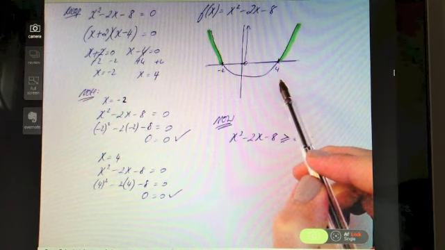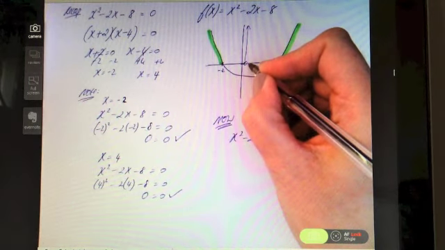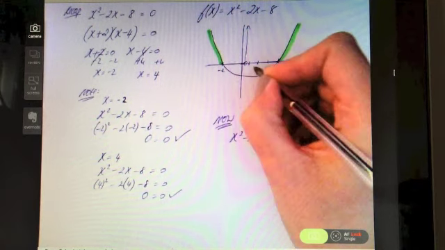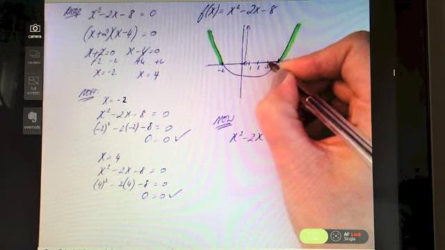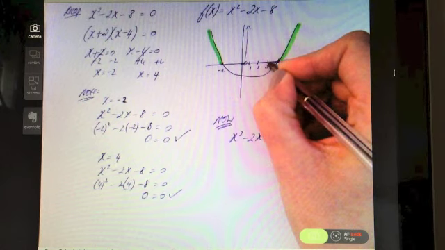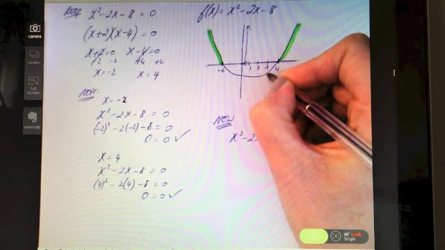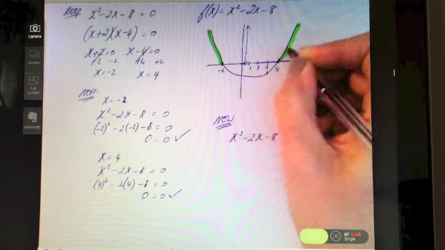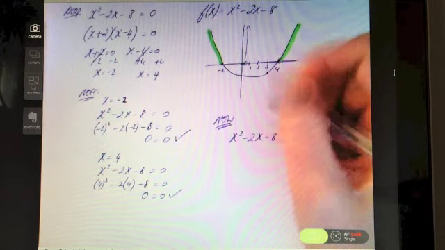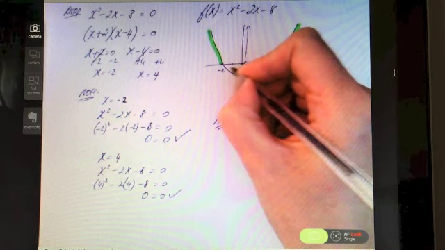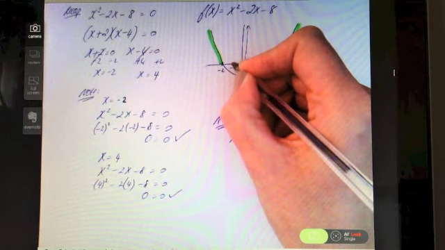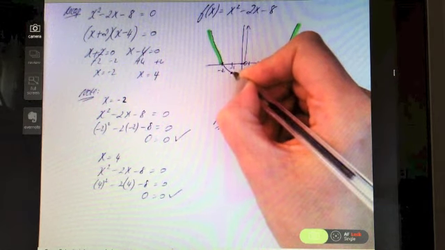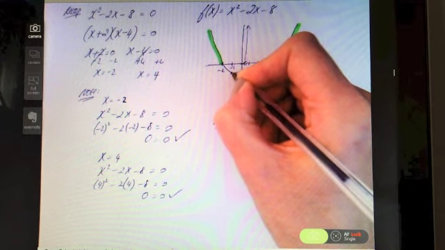Well, if I was to consider the value 1, 2, 3, 4, when x is 3, the corresponding y value on the graph is down here. That's not in the section that we want. Over here, likewise, minus 1, the corresponding y value when x is minus 1 is down here on the curve.